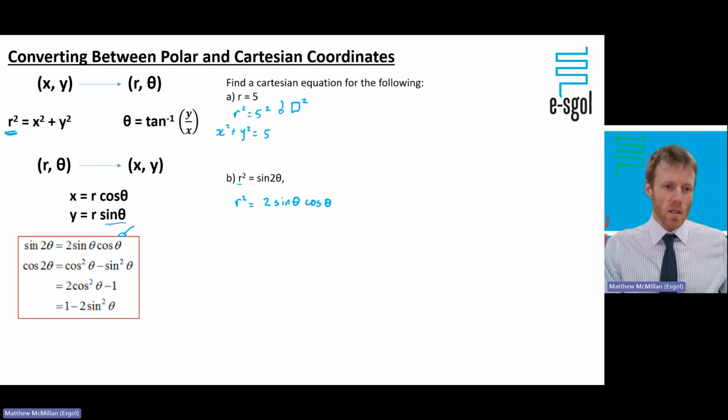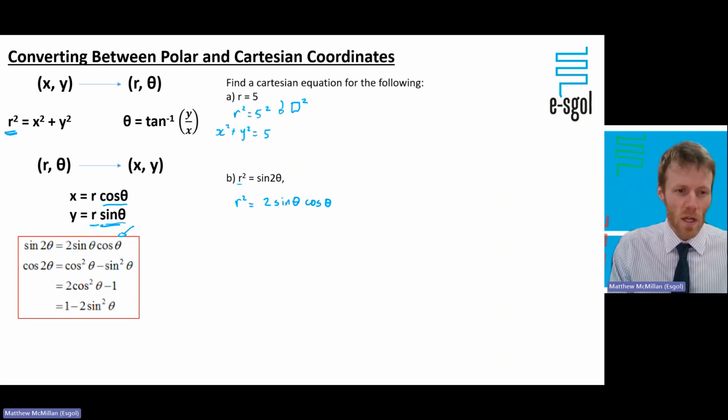That's a little bit better because I've got sine theta and cos theta, which is what I want. However, it's not quite there because I don't just want sine theta, I want an r in front of it. So if I think about multiplying both of the bits by r, that would give me 2r sine theta and r cos theta.